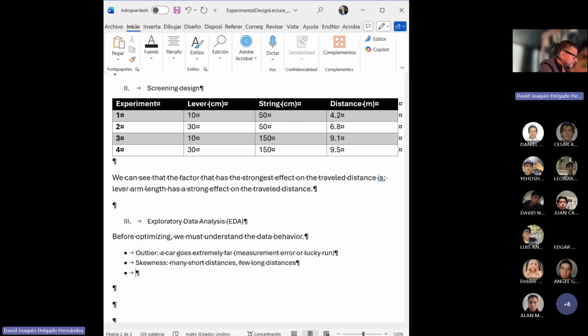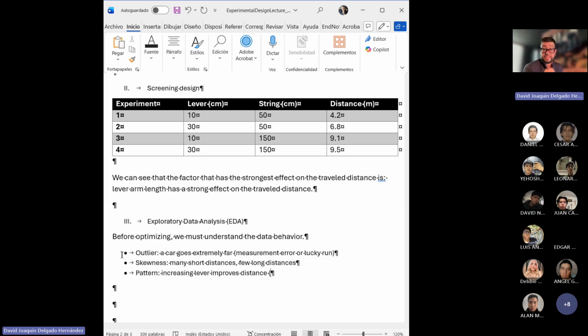And let us see now, you can also analyze one pattern. So increasing the lever improves the distance. So you can identify one pattern, okay?